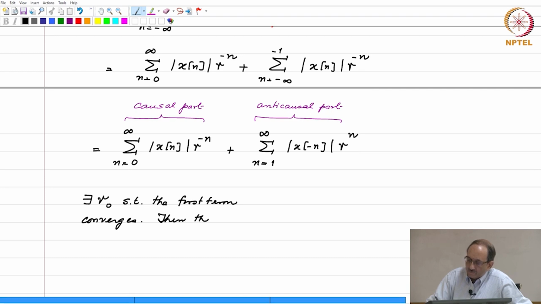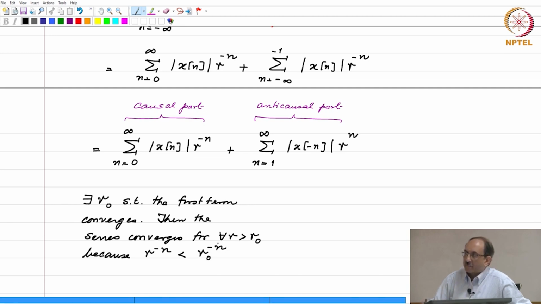So, we can see then the series converges for all R greater than R naught, because R power minus n will be less than R naught to the minus n. Therefore, if a certain radius exists for which the series converges, then for all radii that are greater than this, the series is definitely bound to converge.